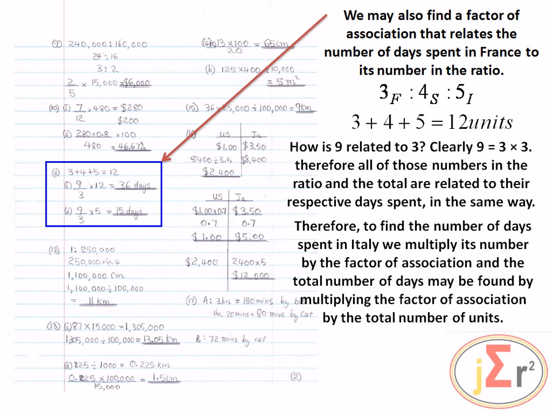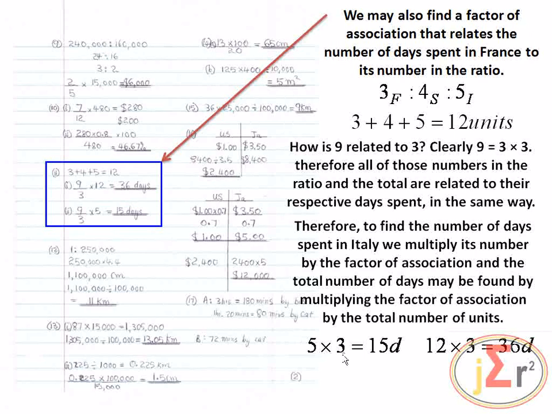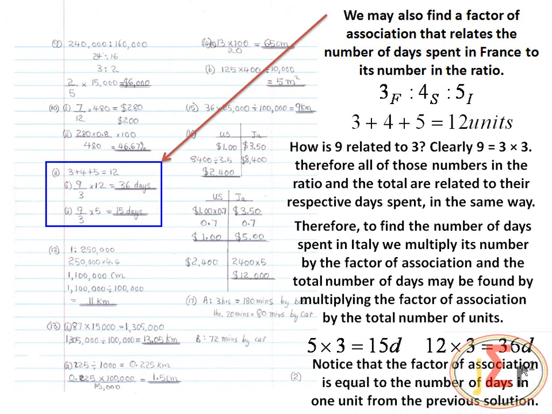The total number of days is associated with 12 units. Therefore, we will say the factor of association is 3. 12 times 3. So we have 5 times 3 for Italy is equal to 15 days, and 12 times 3 for the entire trip is equal to 36 days.